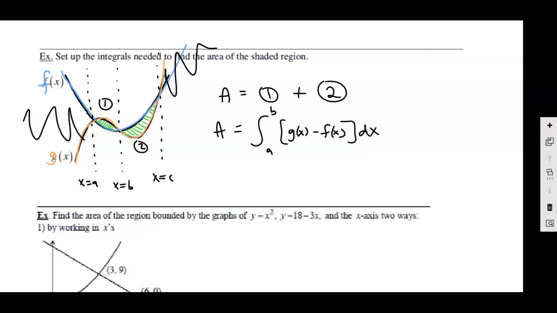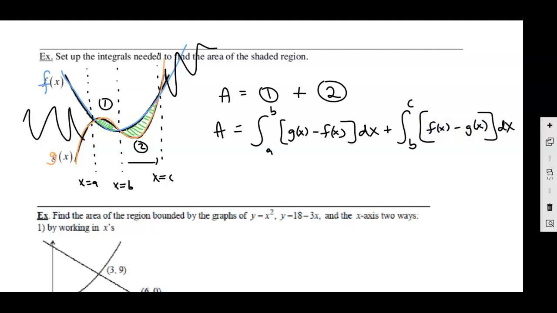And then I would have to add it to the integration from b to c. And for the integration of the second one, it's also going to be dx. But now for the second one, now the blue, f is the curve that's on top. So now I would need to do f minus g.